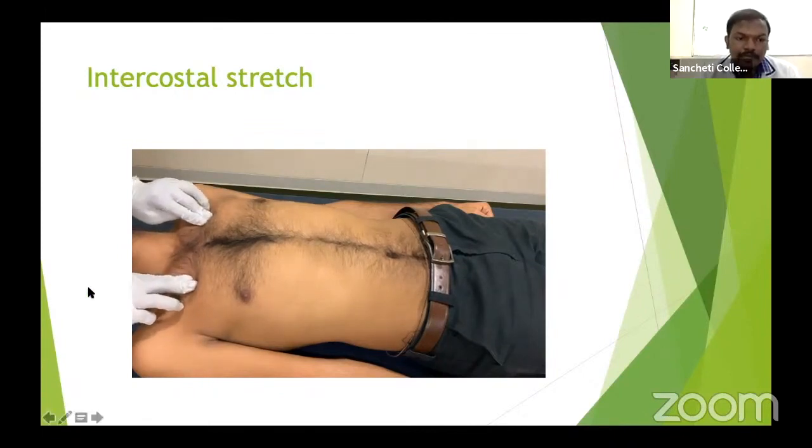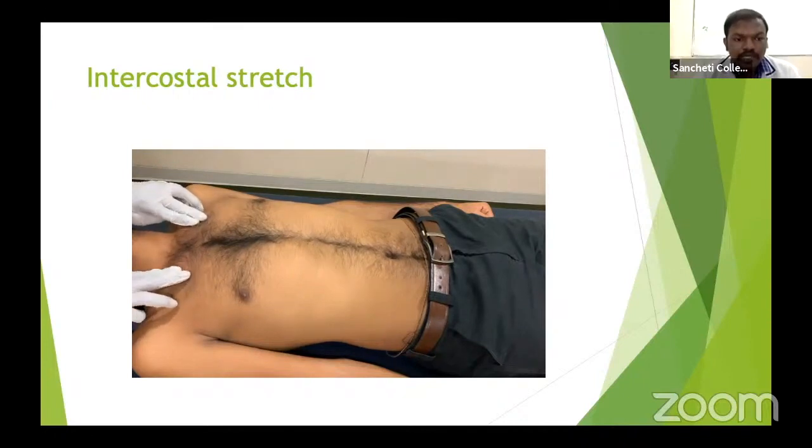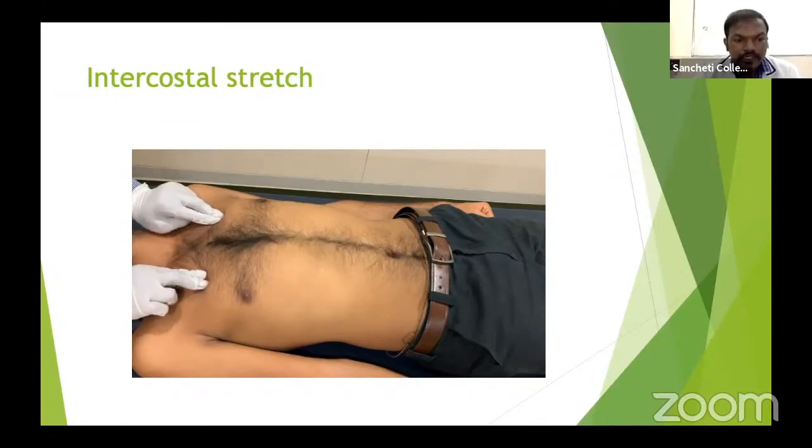Now we have palpated the rib and given the stretch, and the patient is breathing. So the area under the stretch shows an increase in the area and expansion of the chest.